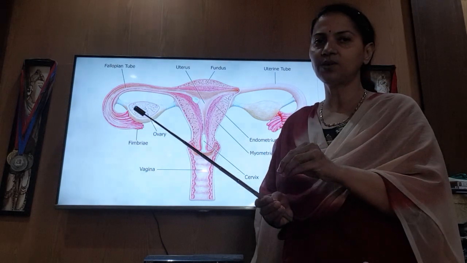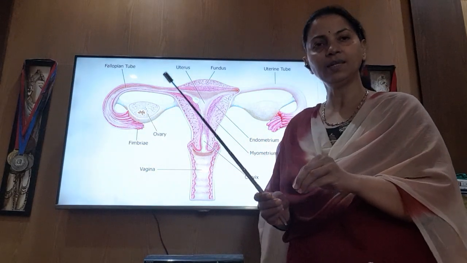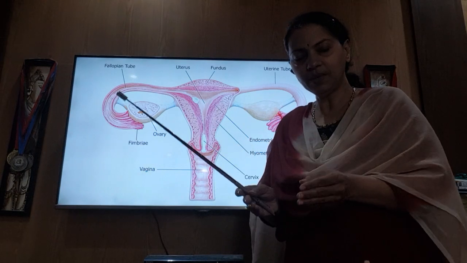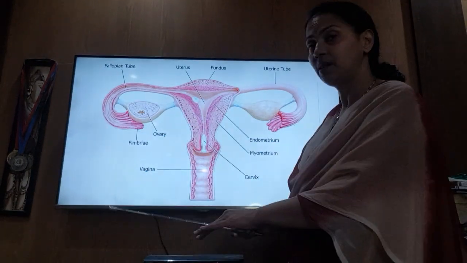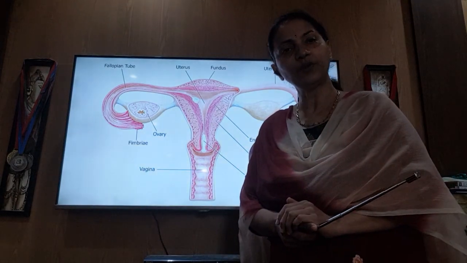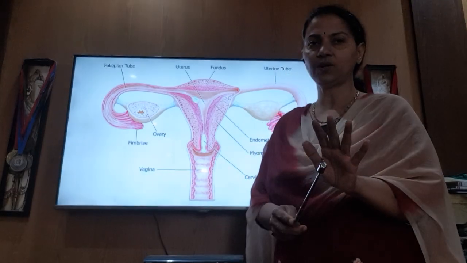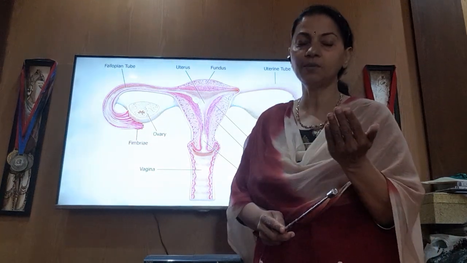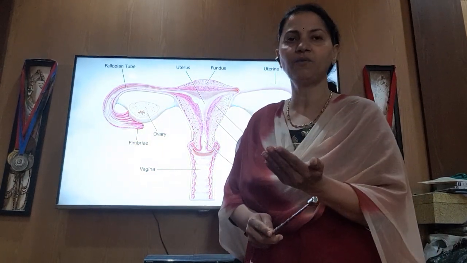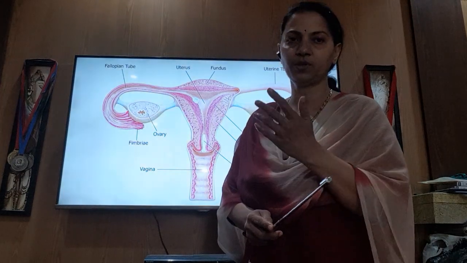So the second structure is perineal body, and then the muscles forming the peripheral or the distal urethral sphincter. These three structures forming the floor of the pelvic diaphragm are giving the main support.